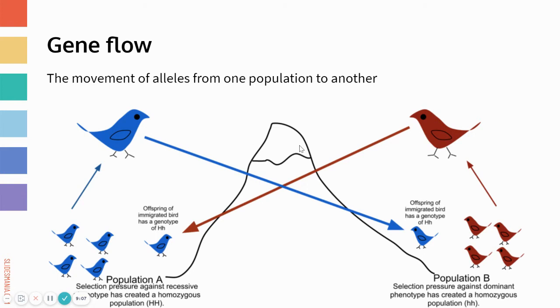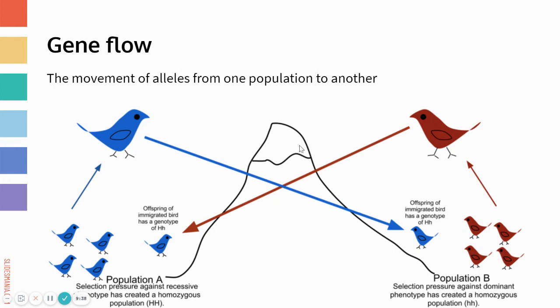Or for things like plants, their spores or pollen could travel in the wind to a new area. And so we're going to increase the genetic diversity of the recipient population because we're introducing new alleles. But simultaneously, in the population where individuals are leaving, we might get reduced genetic variation.